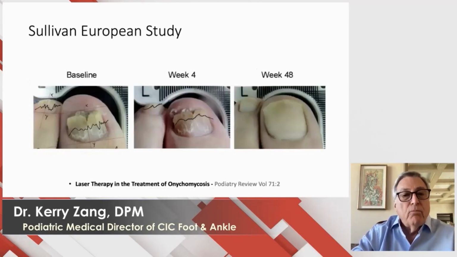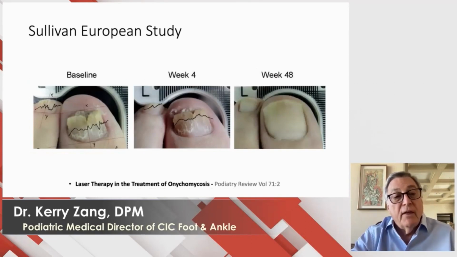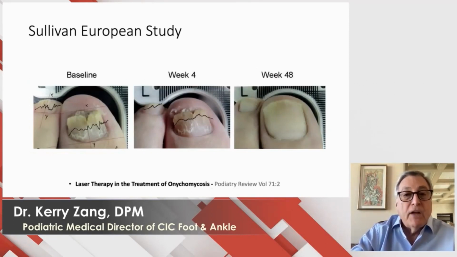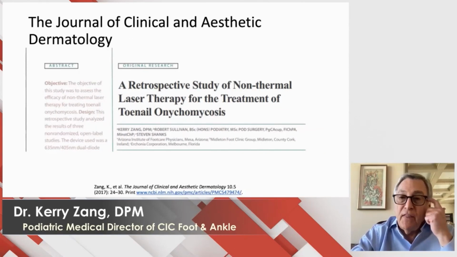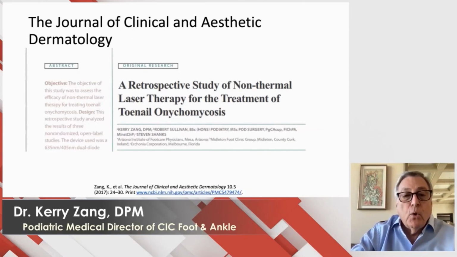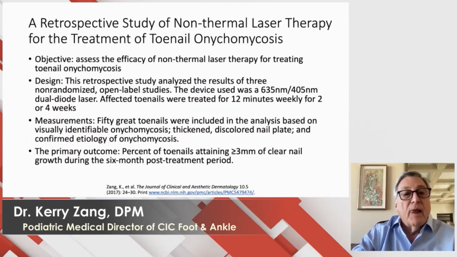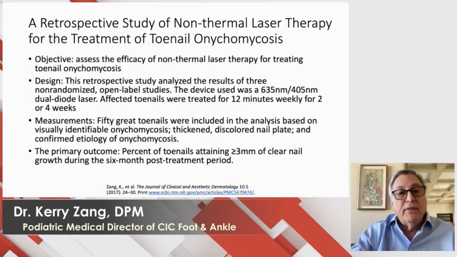In his study, same as in our study, we treated them once a week for 4 treatments, and then we followed them up. And you can see the difference here. Again, look at the second toe as well. So in the study that we have done, our study was a little bit different.